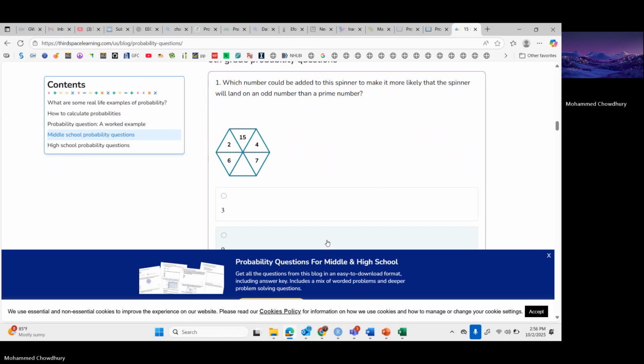But for an odd number, it should be 9. 9 is an odd number, but it is not a prime number. But if we add a 3, 3 is an odd number, but it is also a prime number. Then if you spin, the chance of a prime number appearing will be higher compared to what it currently has.